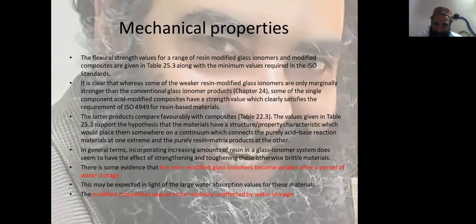So likewise, the resin modified glass ionomer becomes weaker after a period of water storage, as they have large water absorption values. So modified composites appear to be relatively unaffected by water storage.